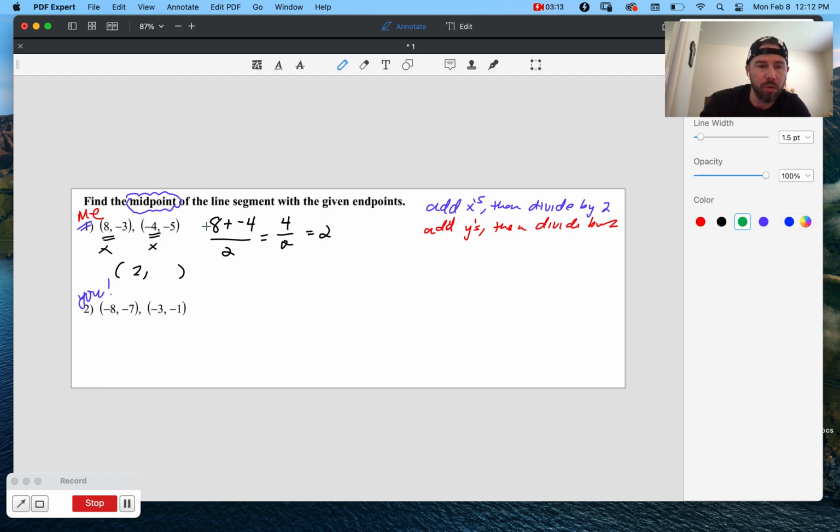Now let's do the y's. That's a y, and that's a y. So we have to add our y's. Negative 3 plus negative 5, divided by 2. I think that equals negative 8, divided by 2 is negative 4. So that would be our answer, 2, negative 4.